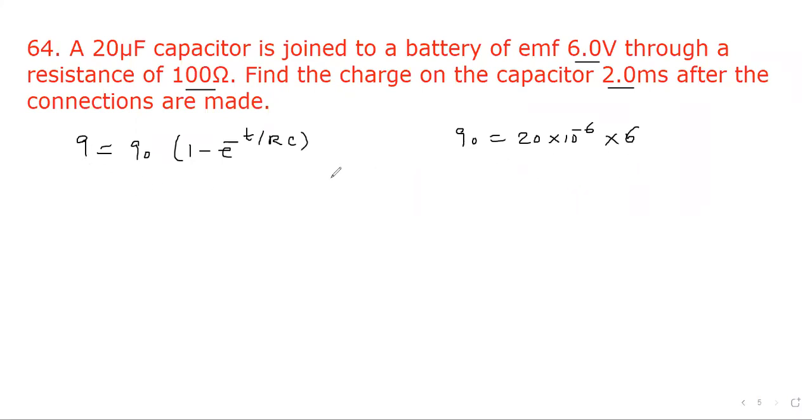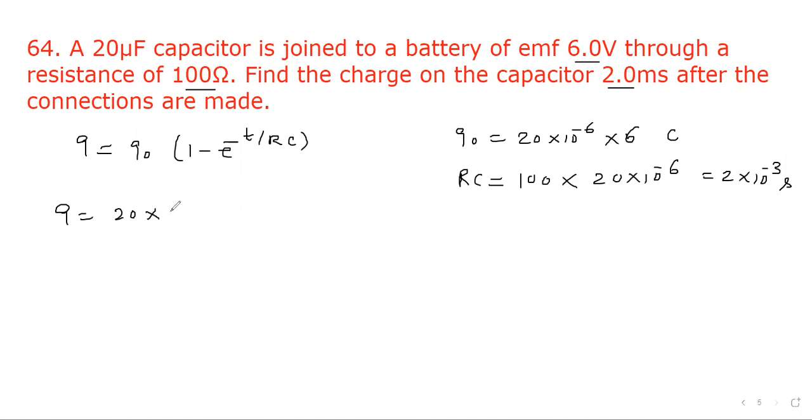RC is equal to, R is given as 100 ohm and capacitance is given as 20 into 10 to the power minus 6. So 2 into 10 to the power minus 3 second. And this is coulomb. Now we have to find out the value of Q. So Q equal to Q0.